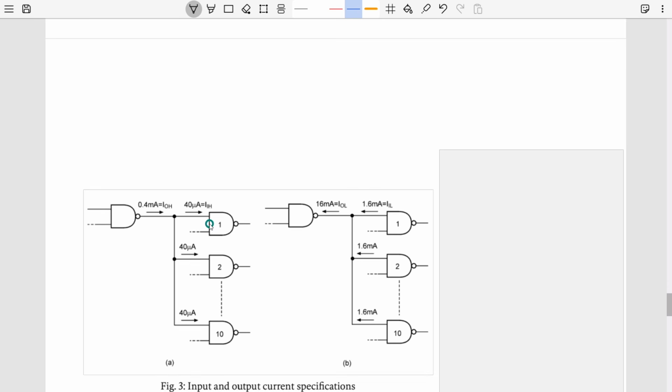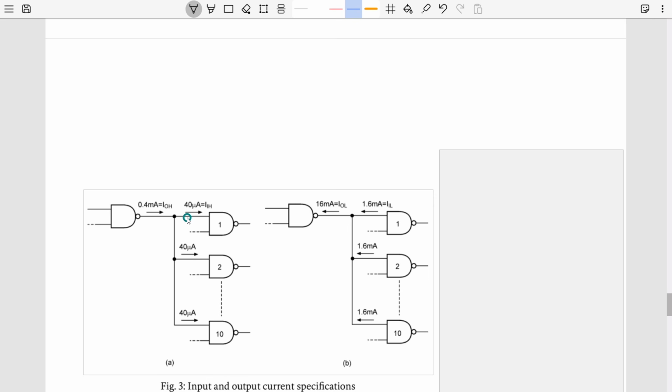This particular gate is connected with the input of this one. So the idea is, whenever it is getting a high signal at the input, what is the maximum current it can draw? That means it can go inside or go from it to outside. Both can happen.